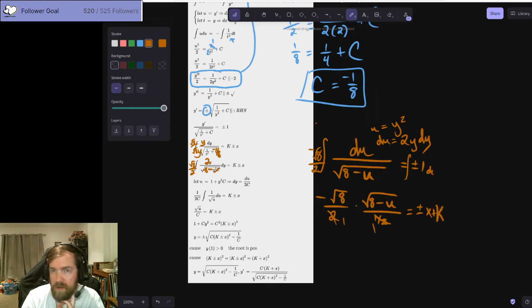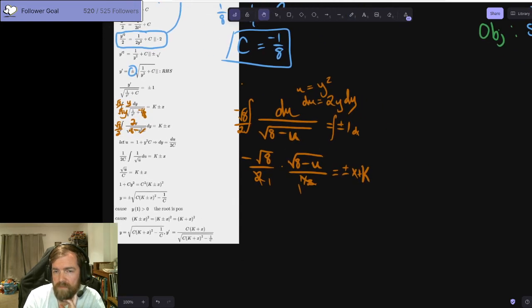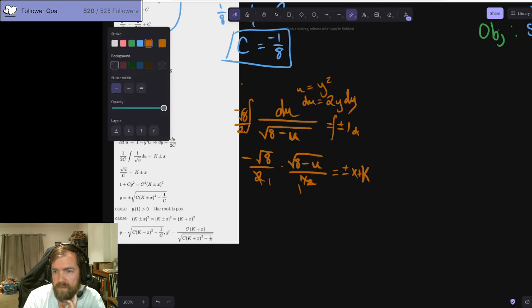Okay. Root 8 times root 8 minus u, which is now y squared, right? We can bump that back. Is equal to plus or minus x plus k.